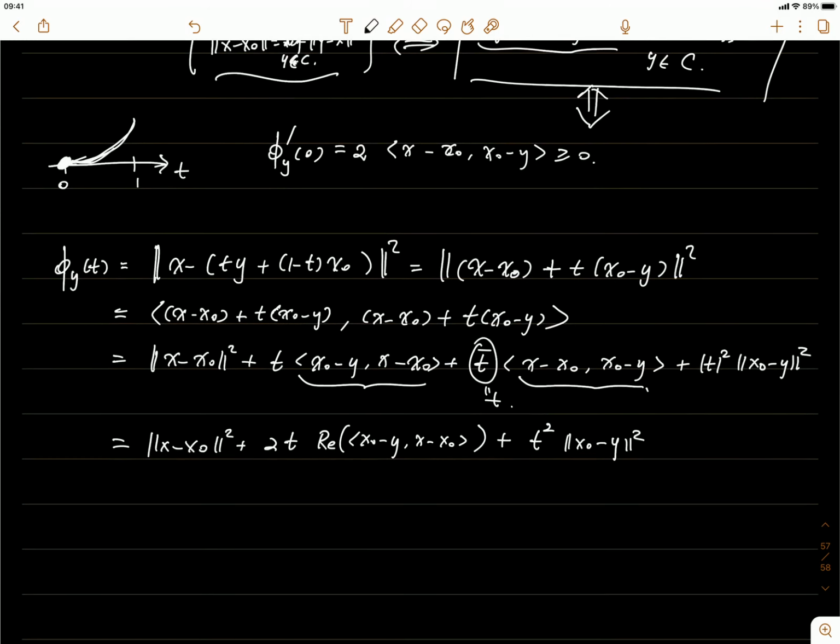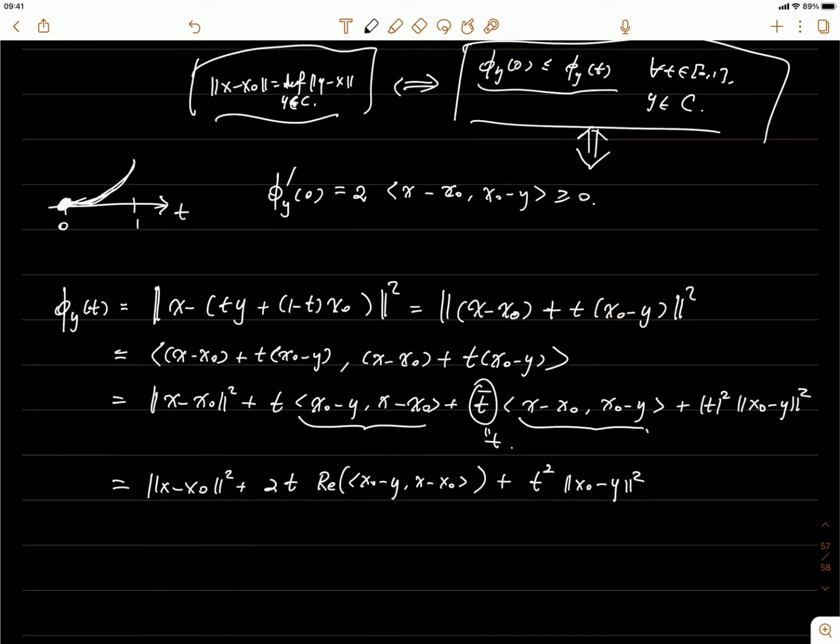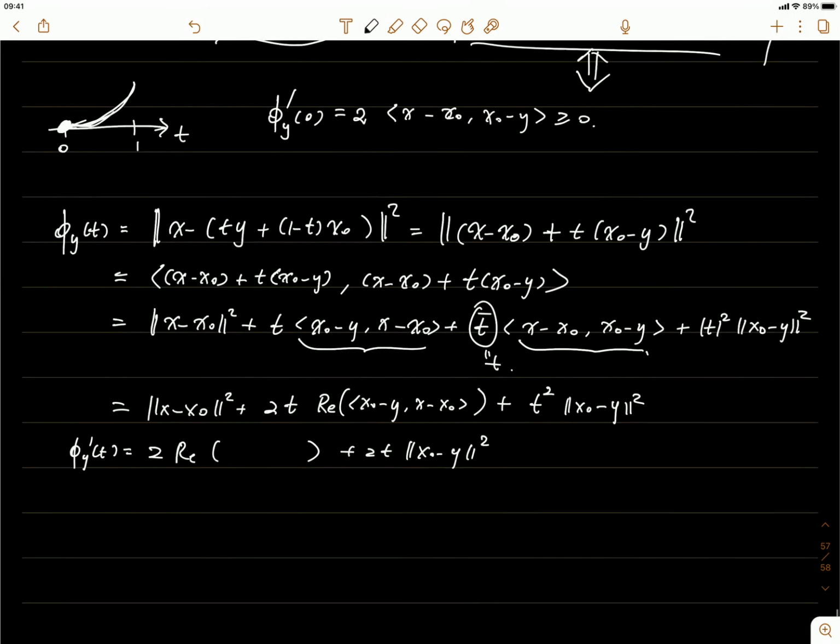So I have a quadratic function of t. We'll take the derivative with respect to t, you just get 2 times the real part of this plus 2t times x naught minus y squared, right? And then you can take the derivative with t one more time, which is this.